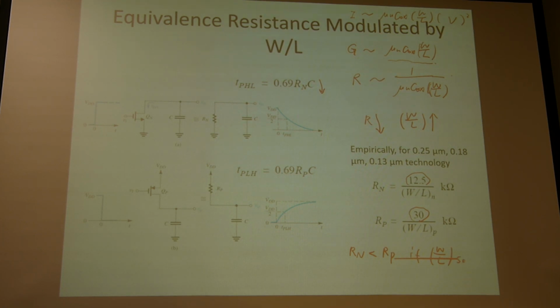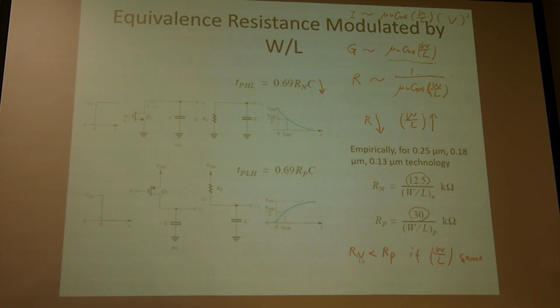Why is that? Any idea? Because the mobility for NMOS is larger than the mobility for the PMOS, right? So that's why you have this coefficient also different.